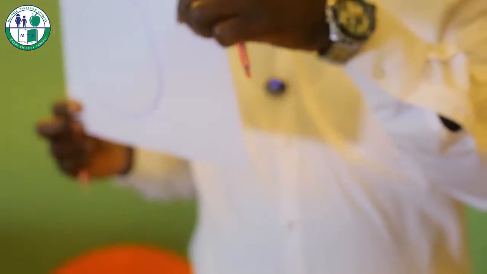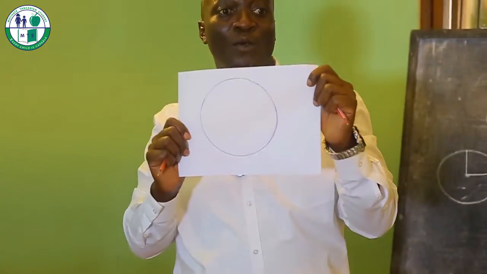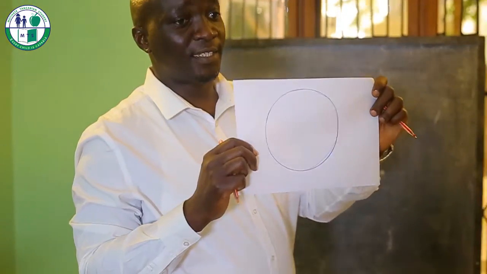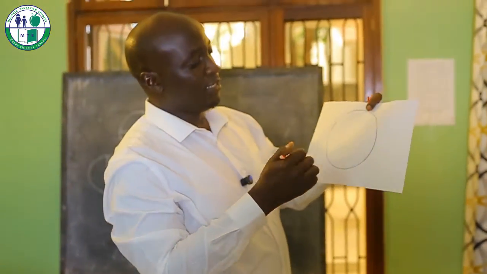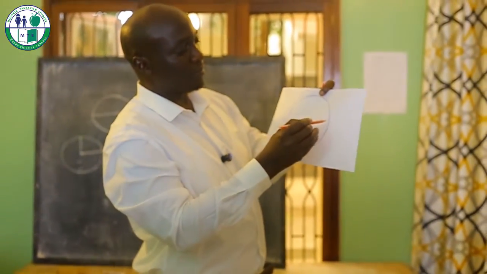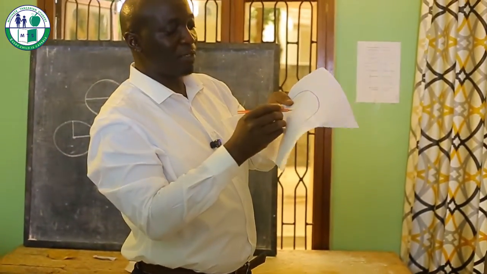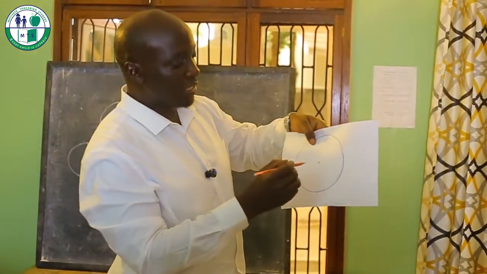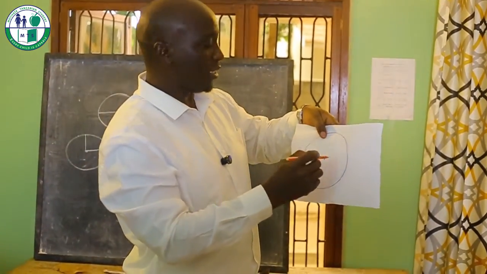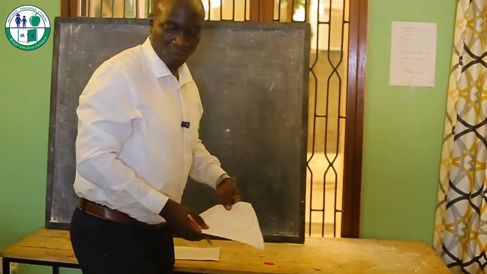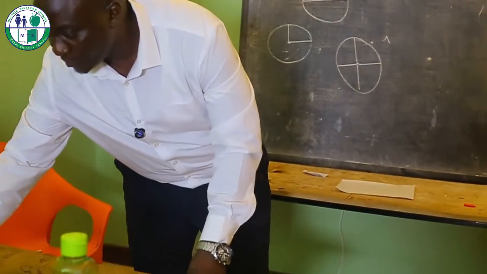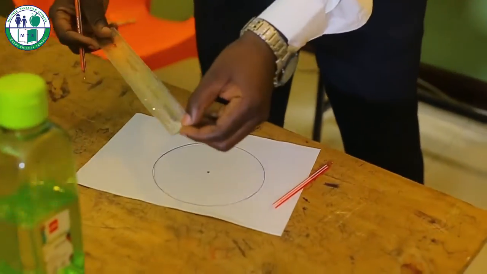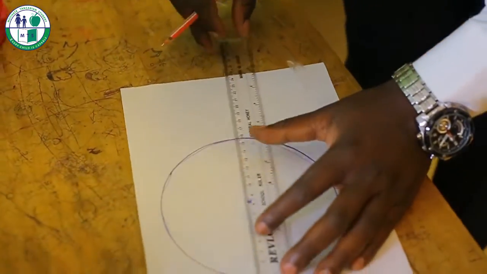Here is my circle. You see? The distance from here to here. Here is the center. Center nimetoboa hapa. Distance from here to here and here to here should be equal. Let me give you the ruler here. We say it is equidistant from the center.